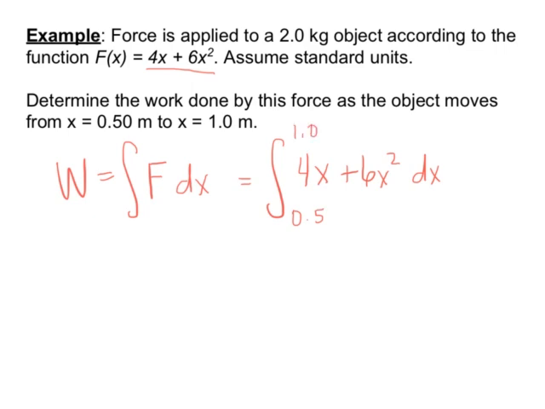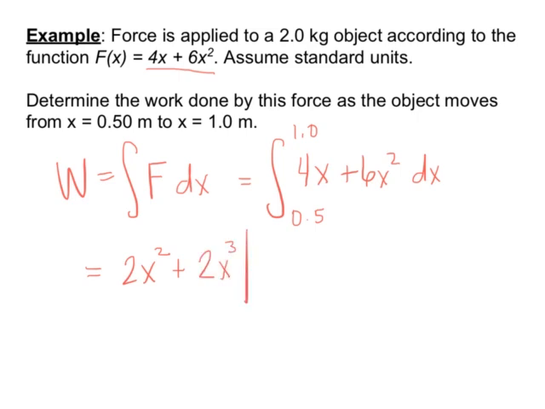And so we'll go through the process of integration. Remember that we're going to increase the exponent and then divide by the new exponent. So this would end up being x to the second divided by 2, so that would end up being 2x squared. And then the 6x squared, we would end up increasing to x to the third, divide by 3, so 2x cubed.